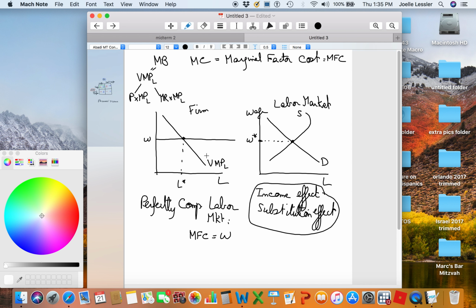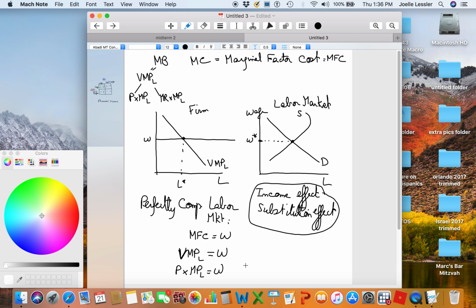Okay? And so if you're hiring from a perfectly competitive labor market, your condition for how many workers you should hire is where the value of marginal product of labor is equal to the wage. If you work in a perfectly competitive goods market, that's the same as saying price times marginal product of labor is equal to wage.